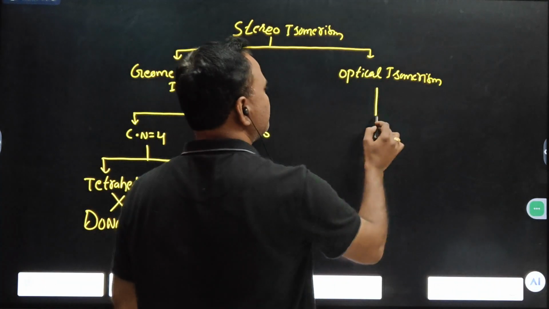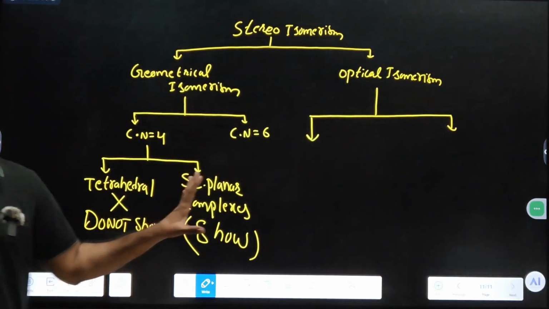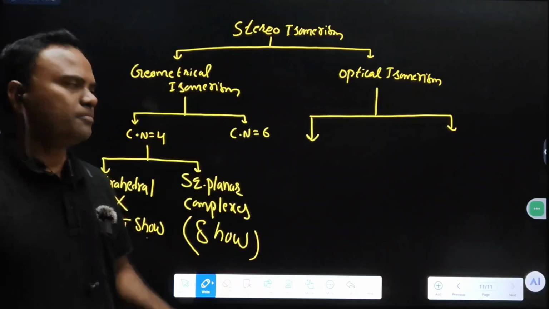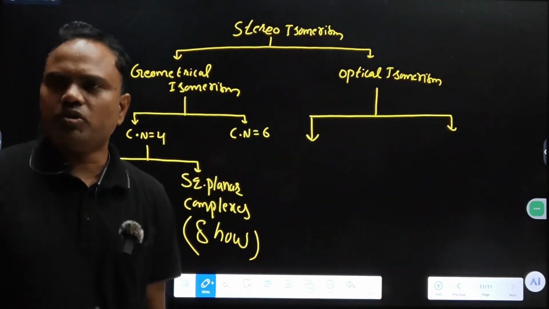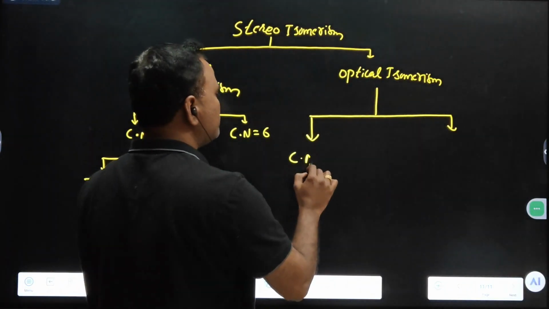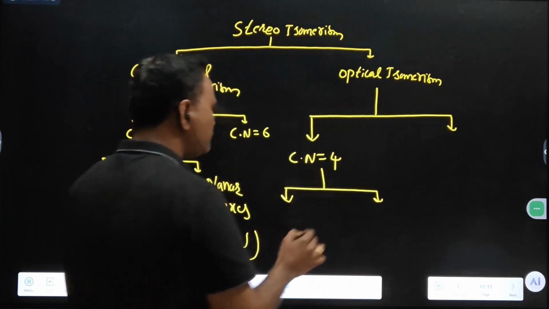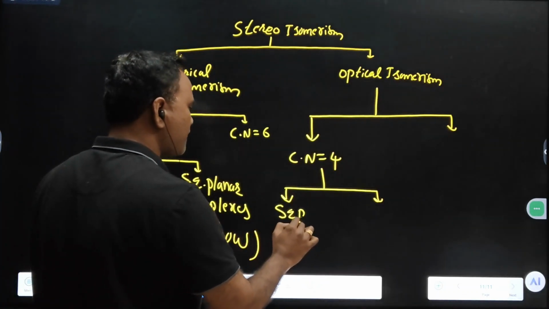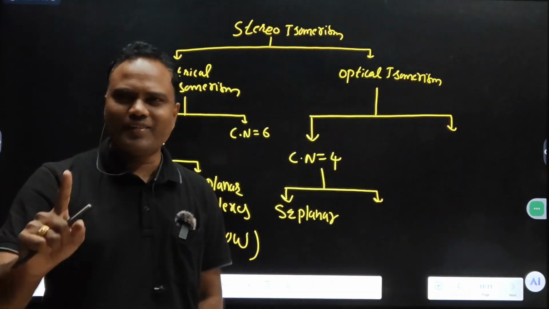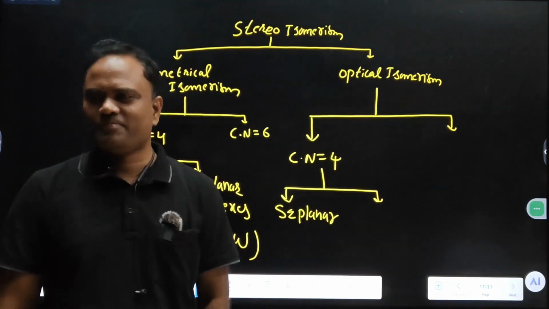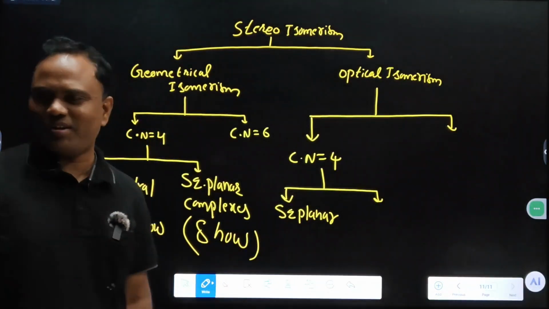Optical isomerism. This is the general structure. Again, we have exceptions, but you should have an idea about these basic things. Optical isomerism with coordination number 4: square planar complexes never show it, but square planar complexes only show geometrical isomers.